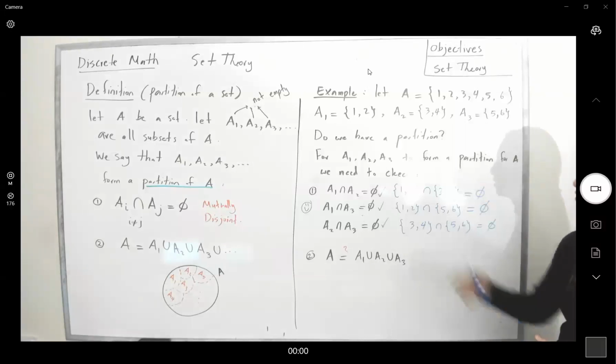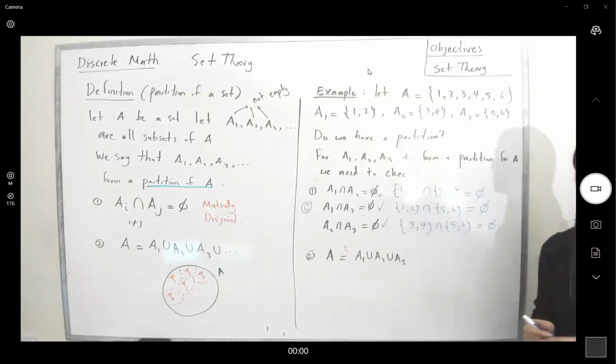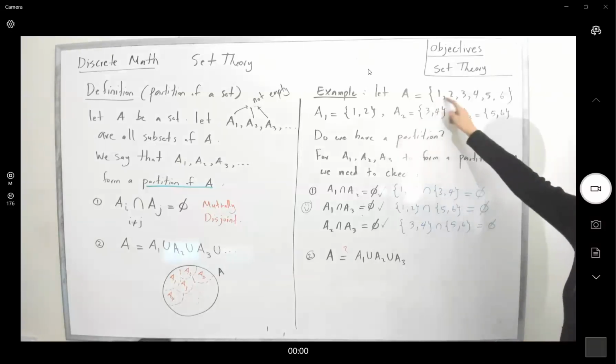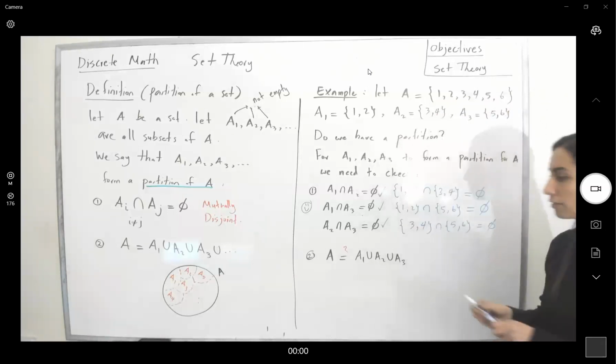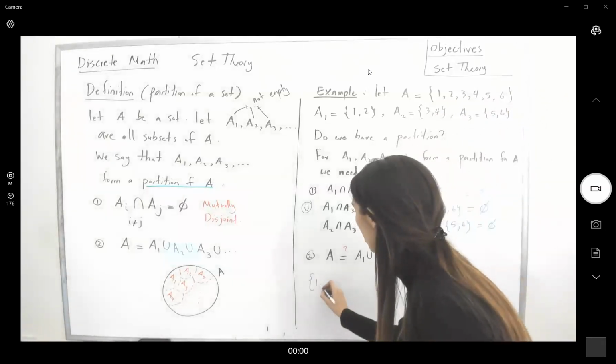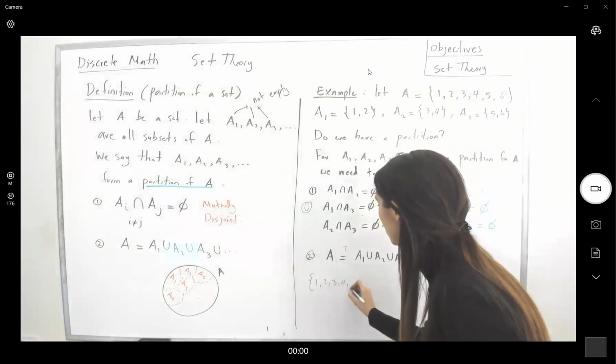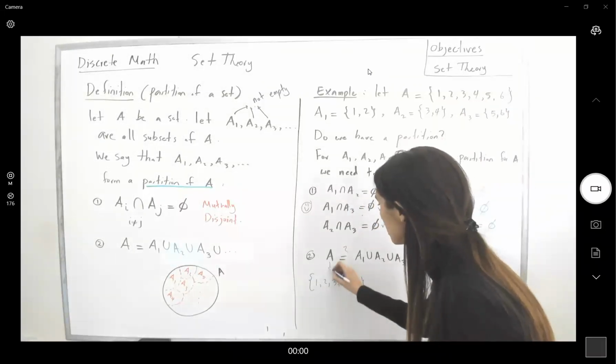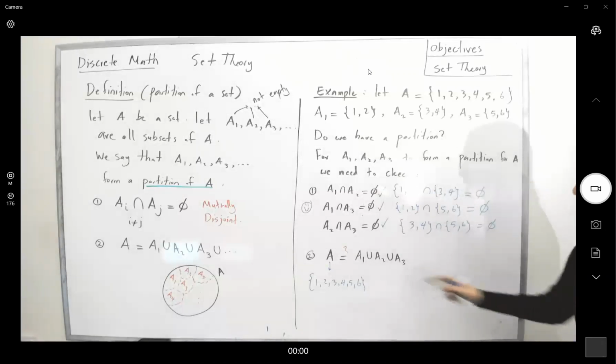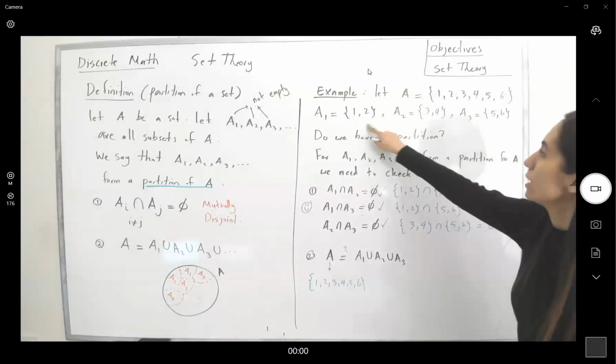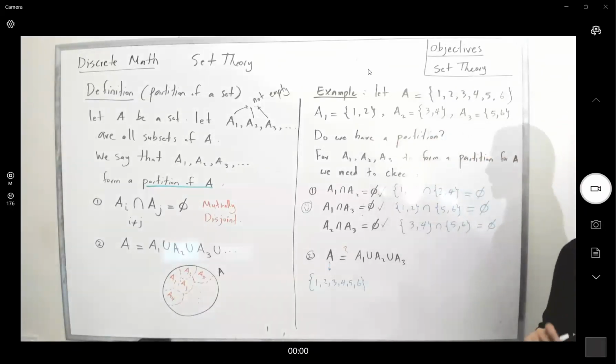Second condition. If I take the union of all of these elements, A is 1, 2, 3, 4, 5, 6 on the left-hand side. This is my A. And on the right-hand side, I need to take the union of these three sets.